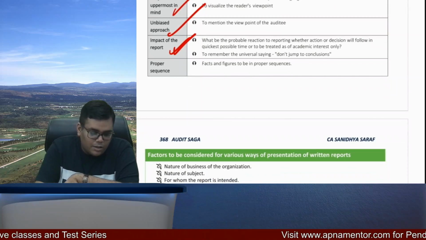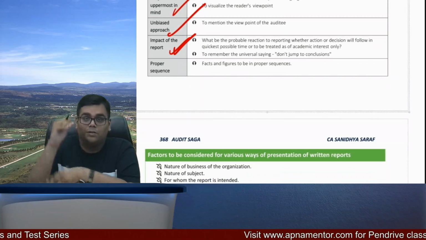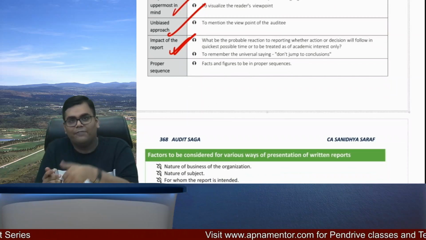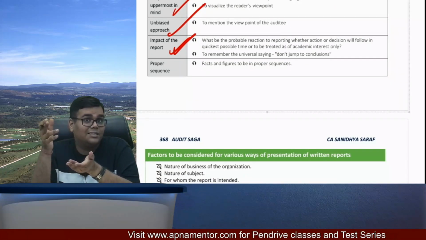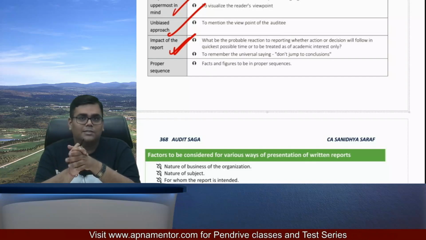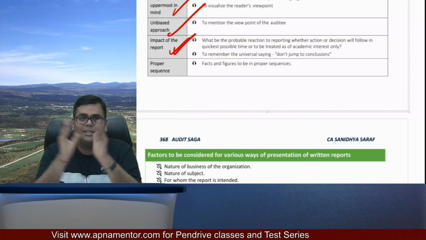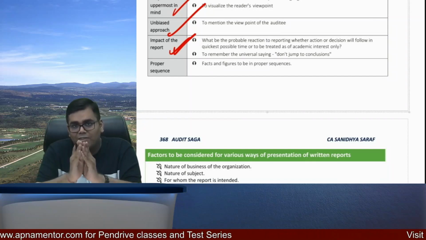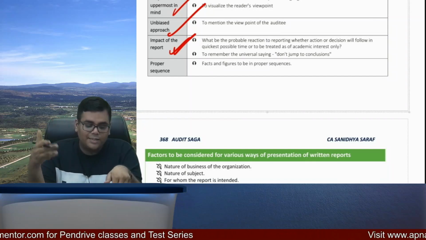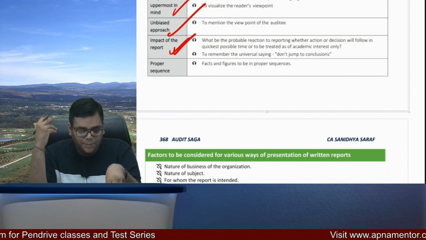And then, the forensic auditor in his report may present several facts and figures. But again, something that he should keep in mind is in what sequence the facts should be presented. What sequence should be kept in mind? This is again something the forensic auditor has to decide. That is the proper sequencing.